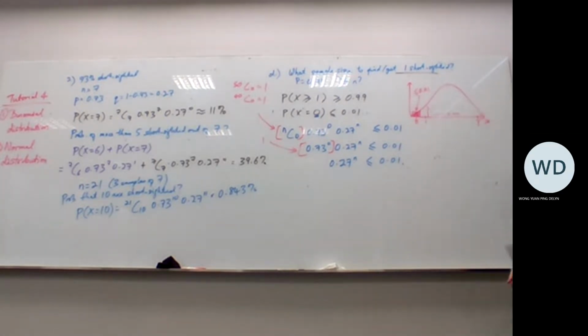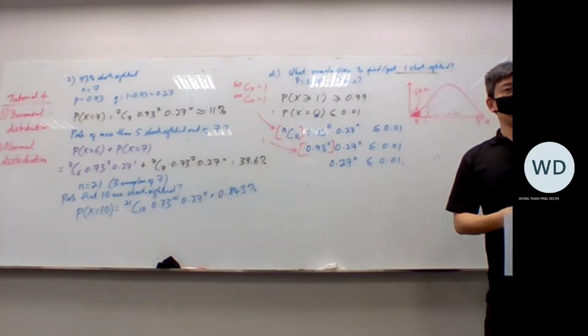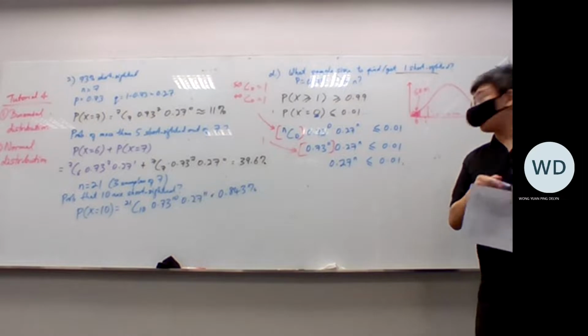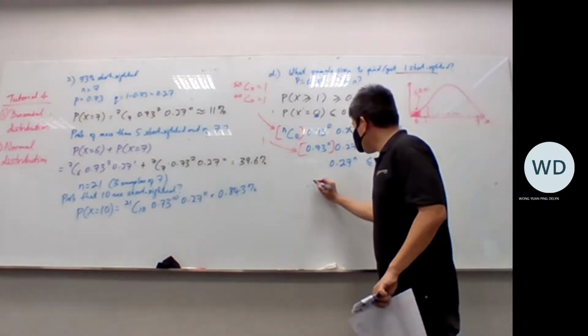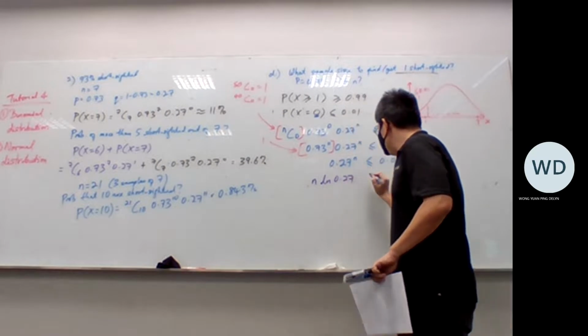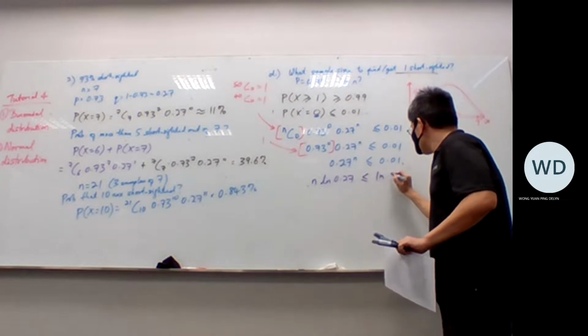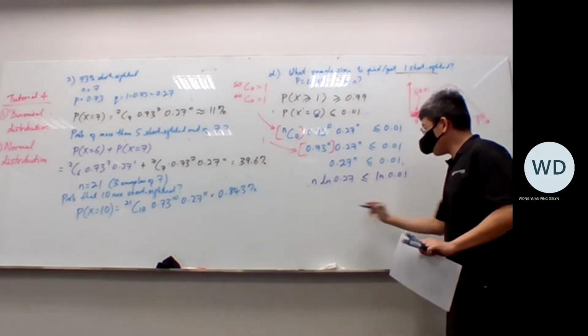What mathematical operation can bring the power down? Some form of log. Either you use log or ln, it doesn't matter. So you can use your calculator. Then you bring it over.